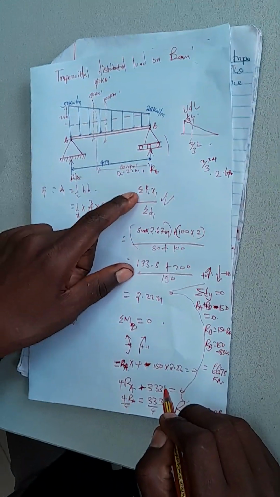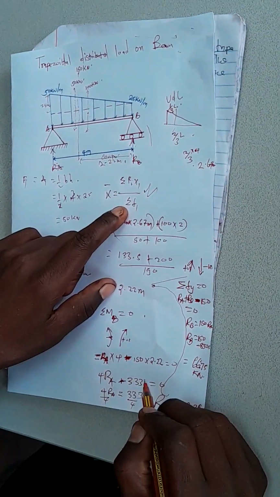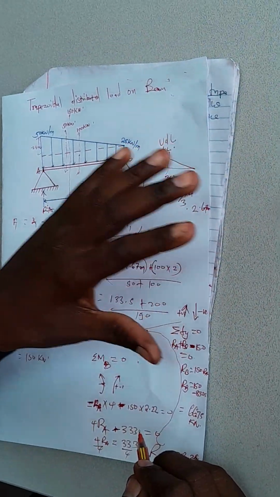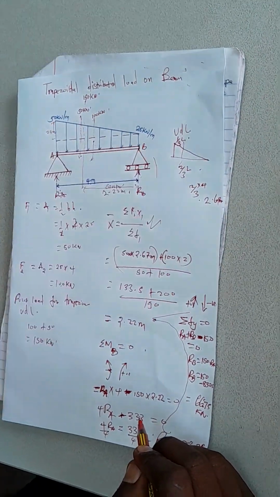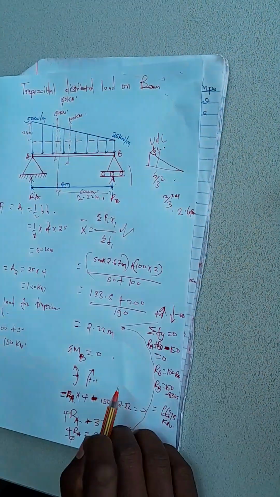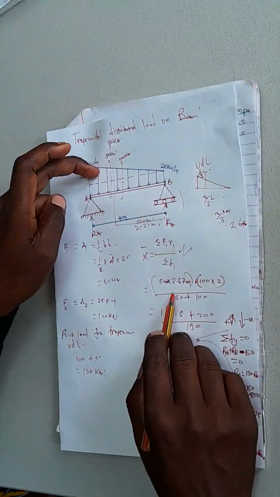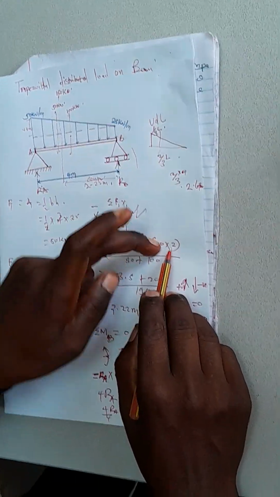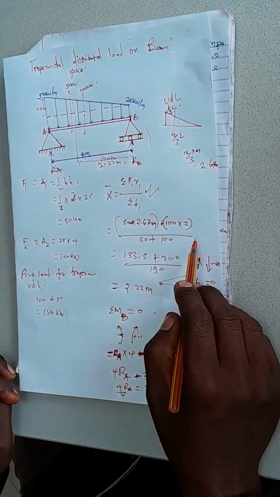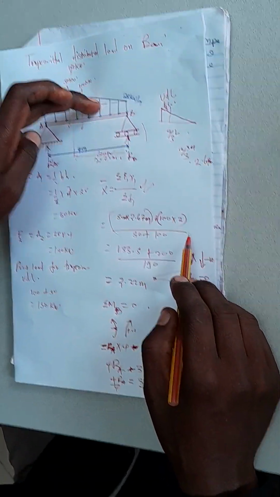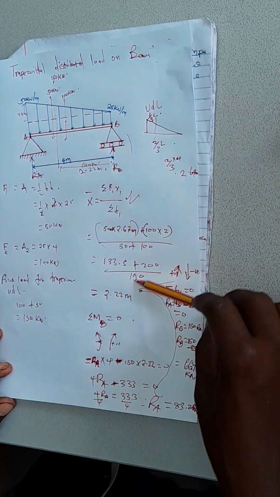Bar x is equal to the summation of moments of all forces over the total summation of all forces. So we take the moment about the triangular part plus the moment about the rectangular part, and then total forces: the point load for the rectangular part and the point load for the triangular part. Then you work out the centroid.